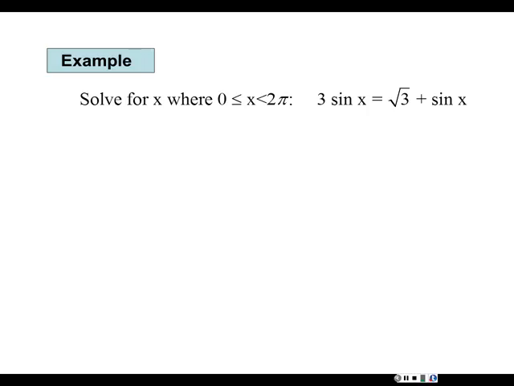From that point of view, you can ignore quadrants 3 and 4, because in quadrants 3 and 4, sin x is always negative. So there is no way you will have that x in quadrant 3 or 4. So the only chance is 1 and 2.